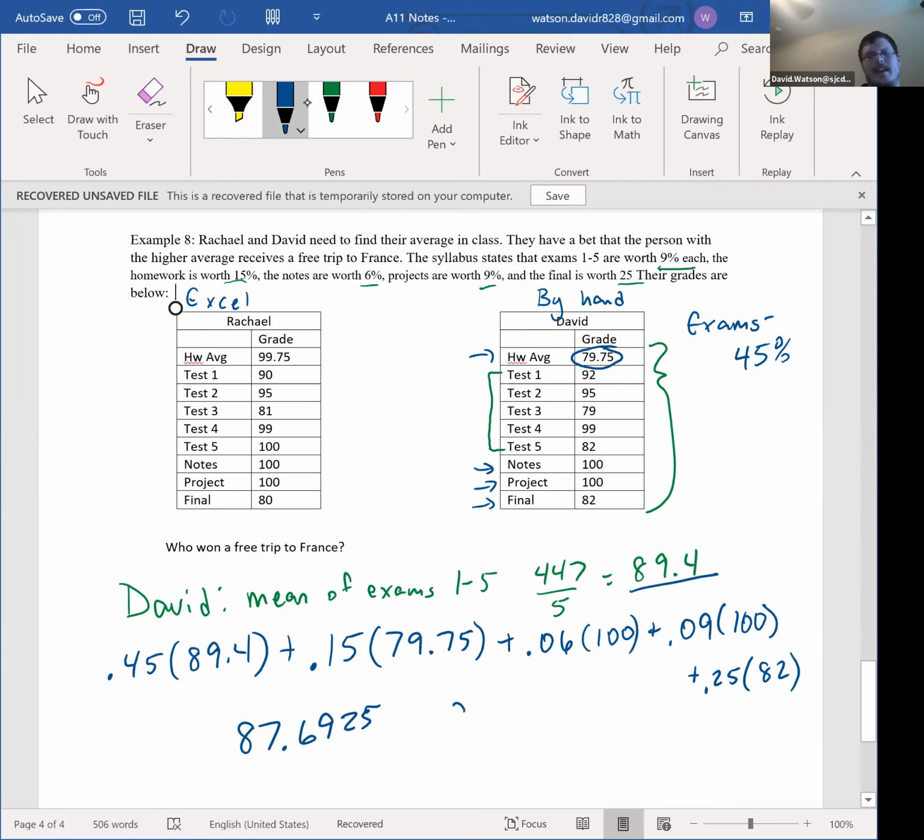So you would see that as 87.69%. That would be my final weighted average in the class. So I ended with a B.